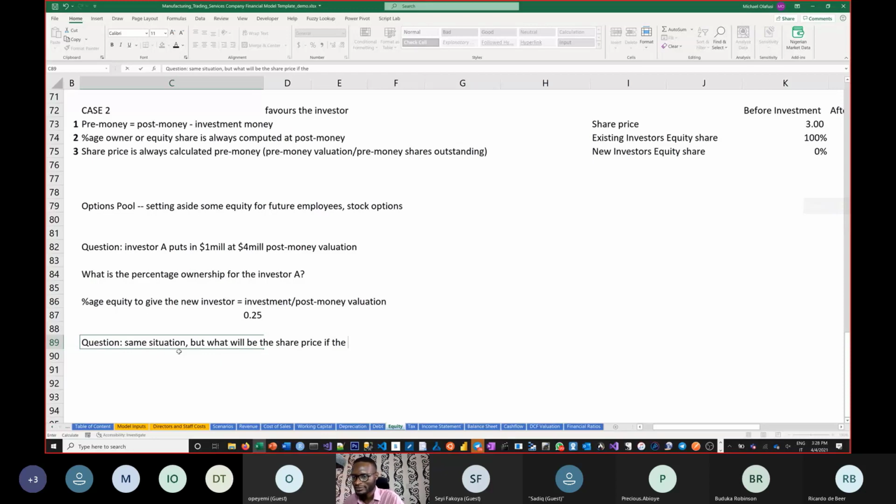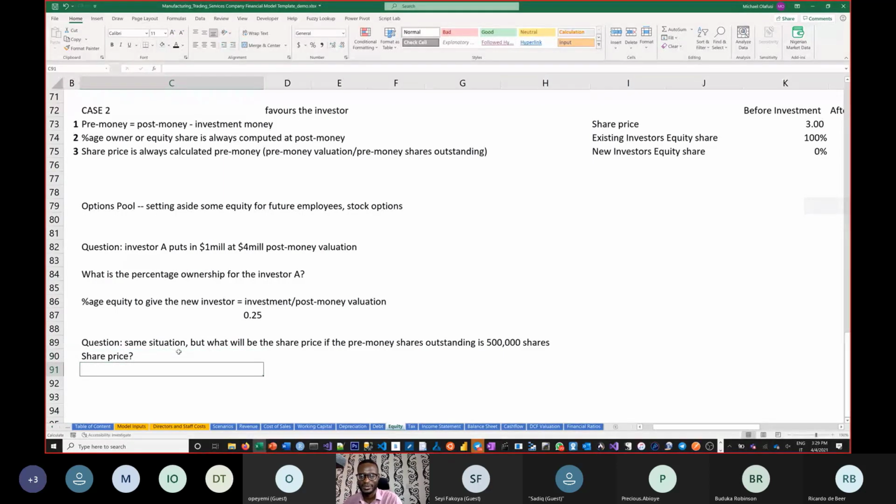I want to give it a try. So let me tell you the advantage of this share price. Naturally, for a business that is growing, the share price will keep increasing.